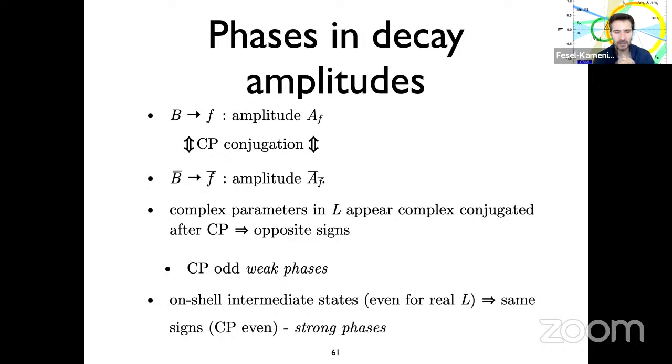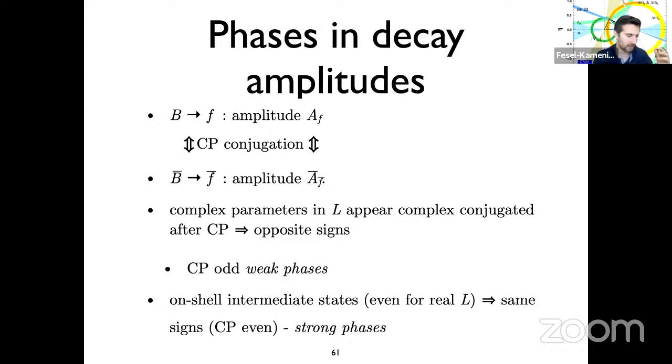And remember that complex parameters in the Lagrangian density appear complex conjugated after CP. So they have opposite signs after CP conjugation. And these CP odd phases are often also denoted as weak phases.